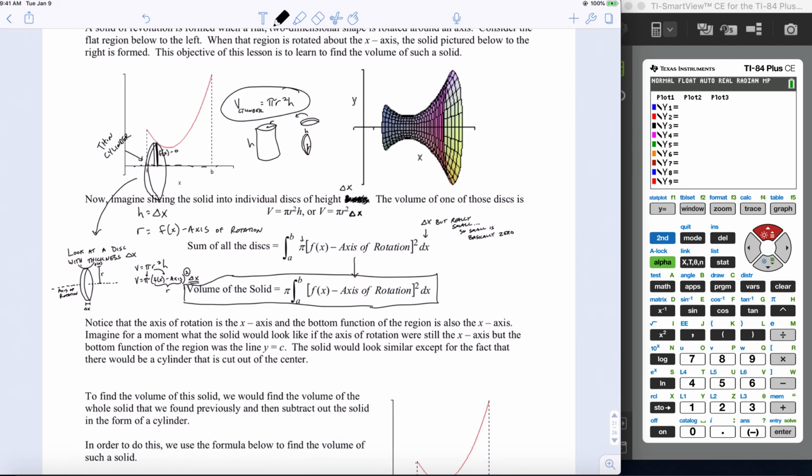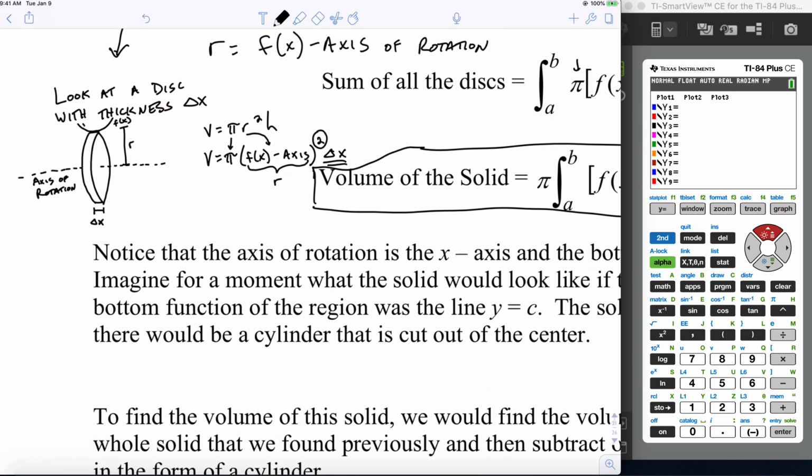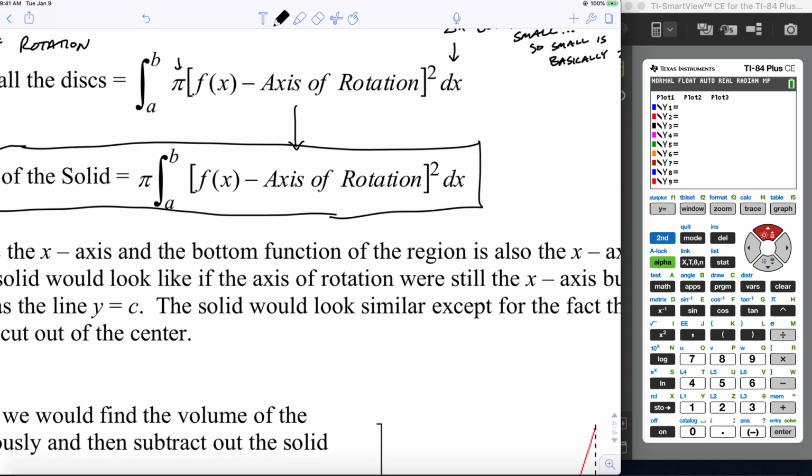All right, so again, what we're really doing here, just to be clear, is we're doing this formula, volume equals pi r squared h. So when we look at it this way, the integral is adding them up. So here's our pi. Remember, this is our r squared, and this is our height. The width is dx.